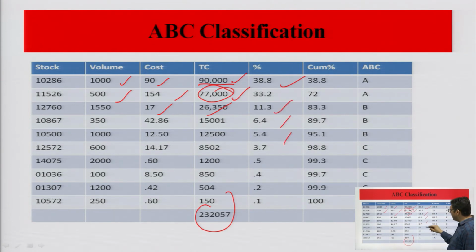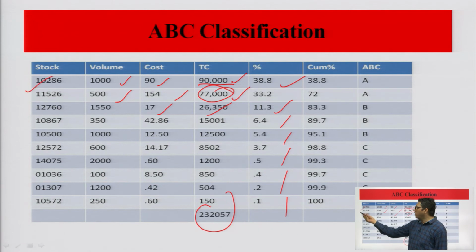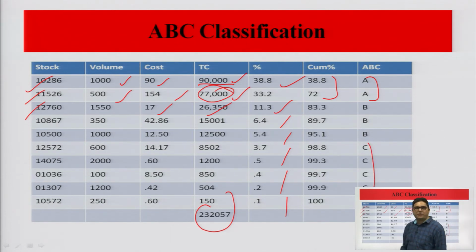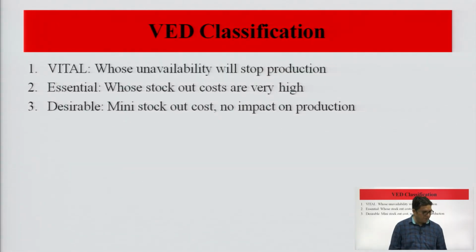This is how we can calculate the individual percentage of the total cost. Then we move to the cumulative percentage, and based on it we will classify which items can be classified as A, which as C, and which as B.